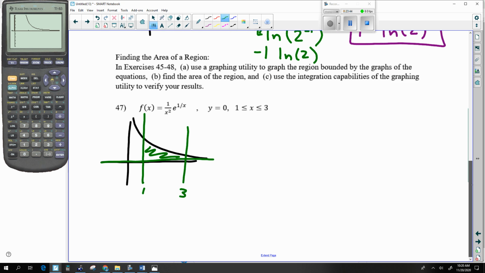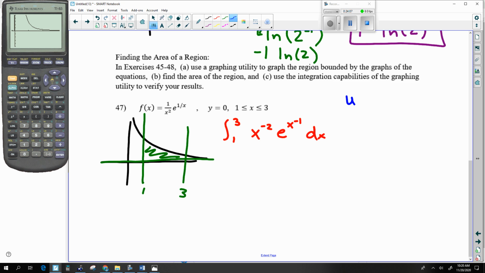This is most likely going to involve u substitution. Okay, so we're not equipped to do that just yet.